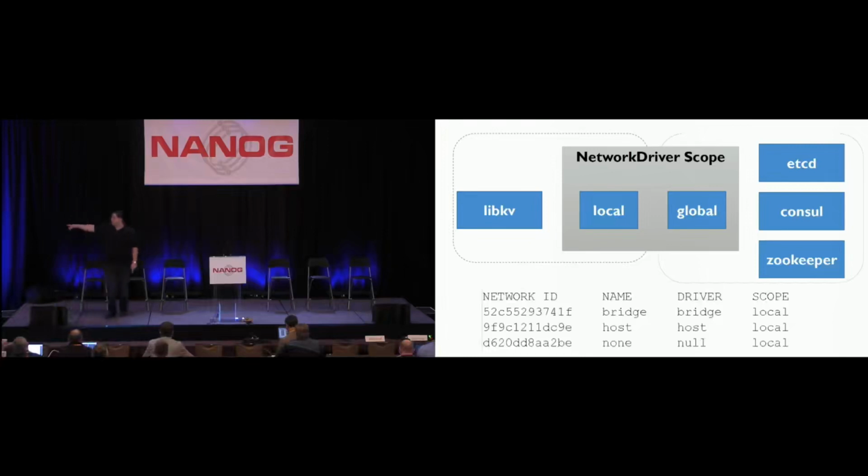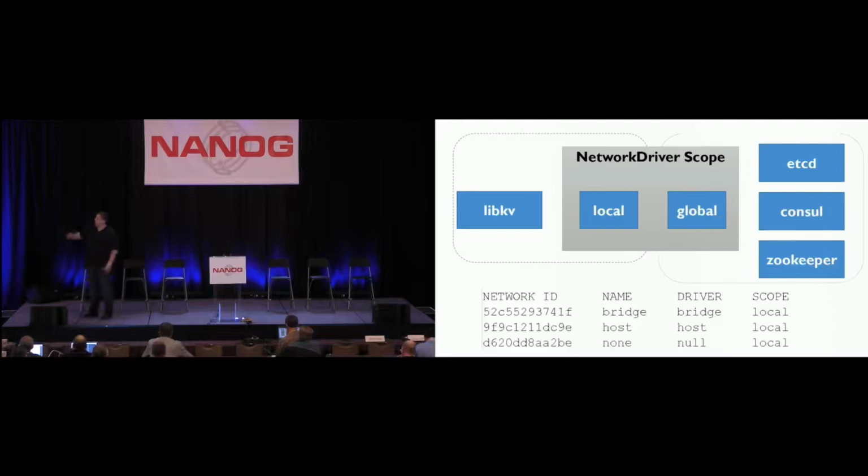If your network scope is local, your network stack is entirely local. You don't share information. If you deal with BGP, VPN, OpenFlow, controllers, if those keywords pop up on your radar, likely the driver is global, meaning it will store data in a global key value store on the right there.